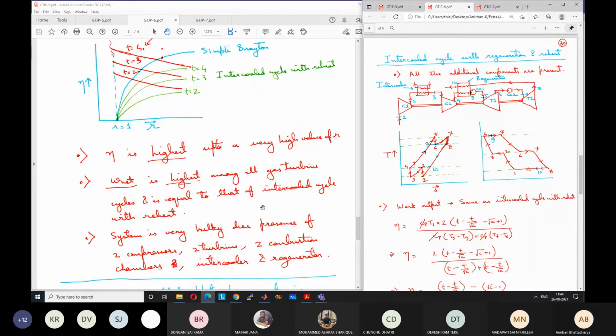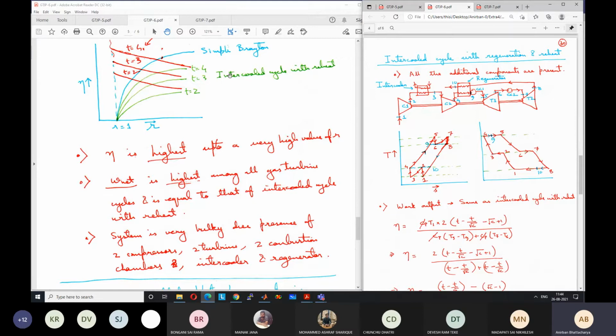So for power plants based on gas turbines, this may be quite effective. But for gas turbines which are used for jet engines, which we'll study later, we do not want to use these modifications, because thrust to weight ratio is the most important parameter. We want the weight to be as less as possible. So there we don't use any of these modifications.